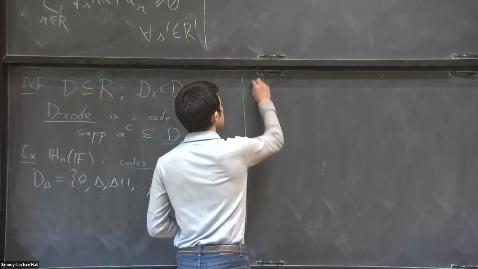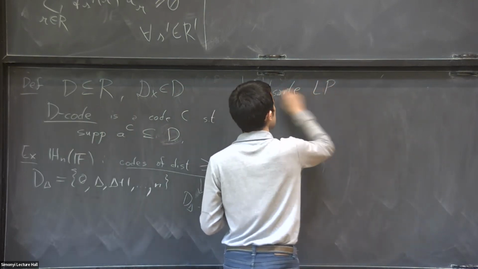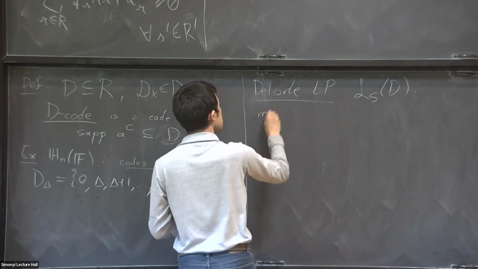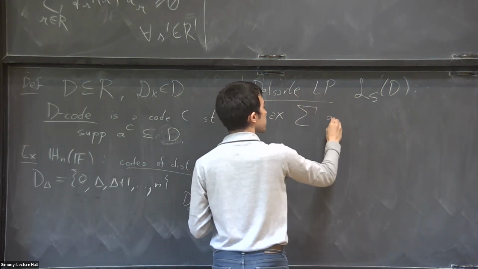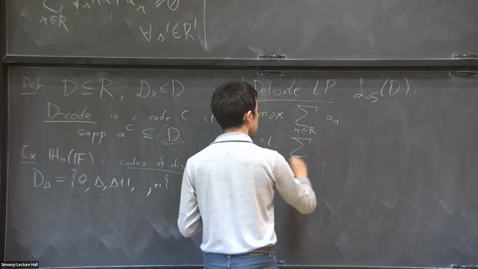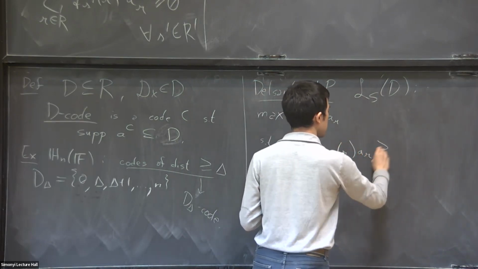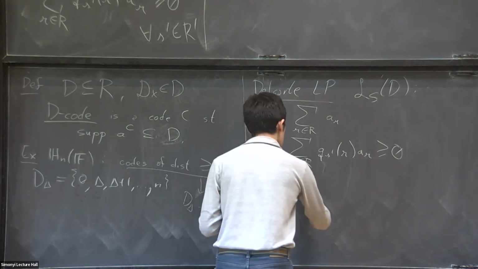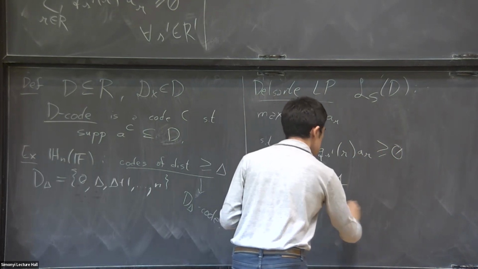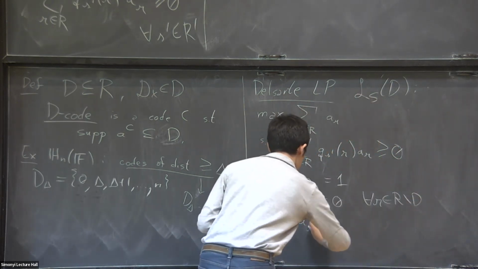And the point is that every time you have a D like this, you get a Delsarte linear program: you maximize the sum of the A_R's such that A_0 is 1, A_R is 0 for R not in D, and A_R is greater than or equal to 0.